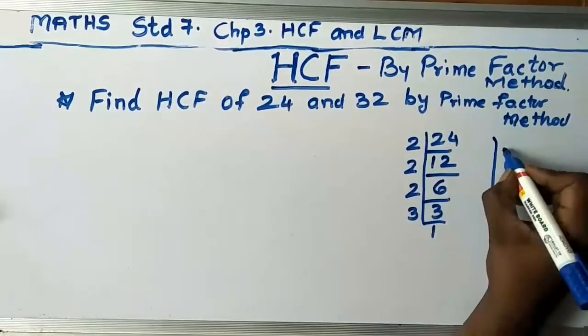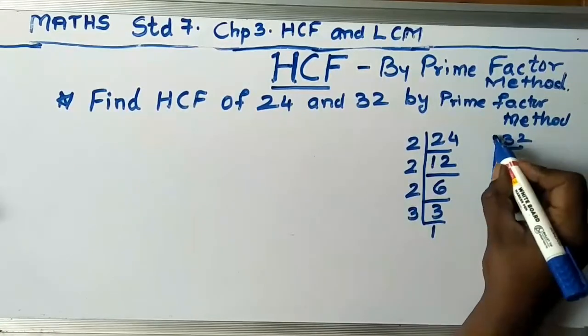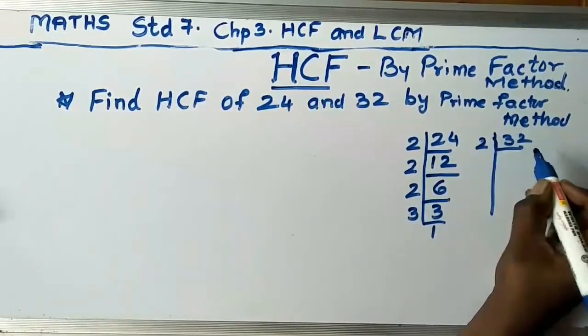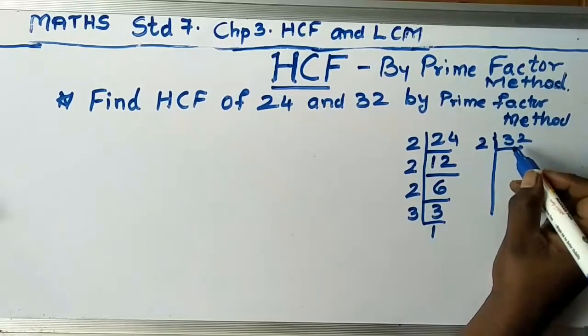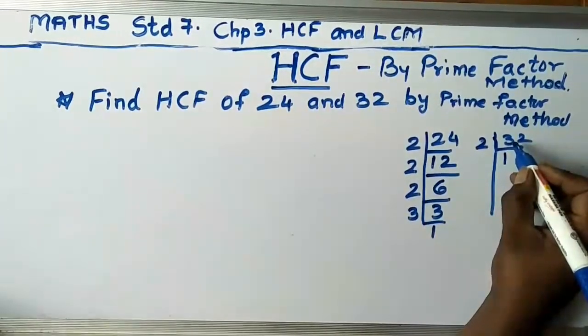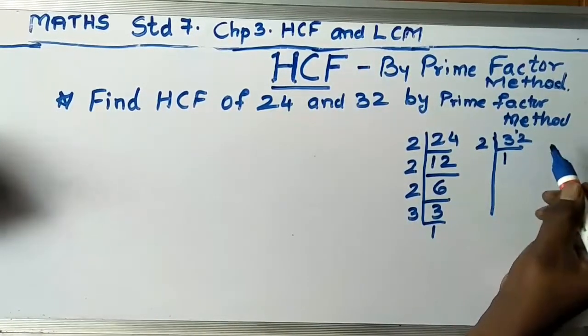Now next is 32. In which table do you have to write? 32, unit place is 2. So write 2. 3 doesn't go in 2 table, so less than 3 is 2. 2 ones are 2. So 3 minus 2, 1. So 1 is carried forward here. It becomes 12.